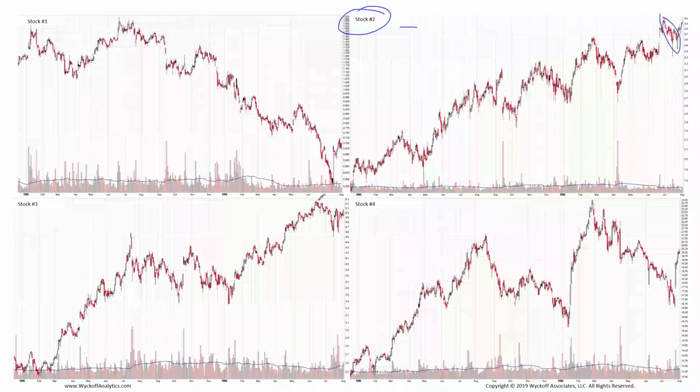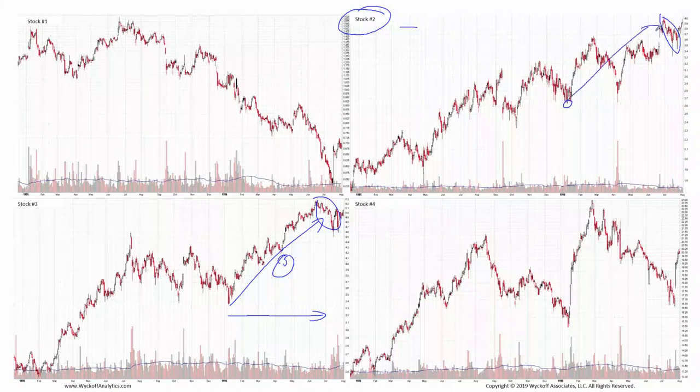So we have the same type of reaction. This move to the upside in the stock is stronger than this move, although we'll have to see what. Just on a comparative basis, let's just quickly see.